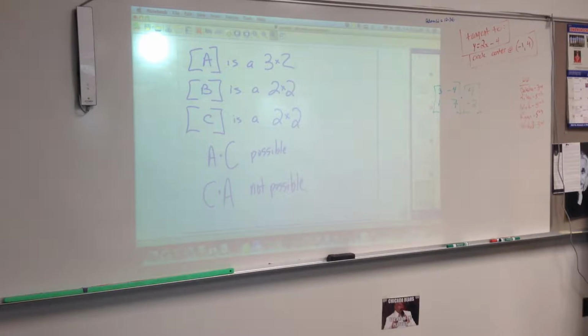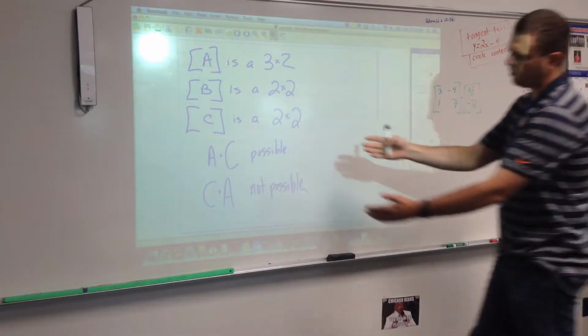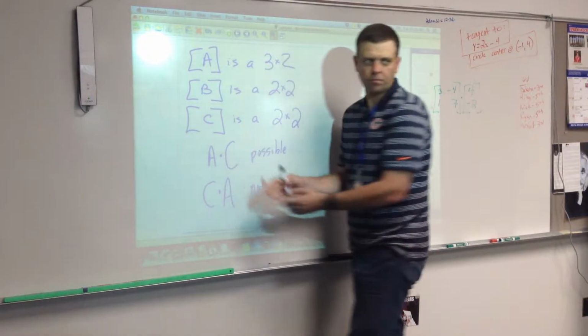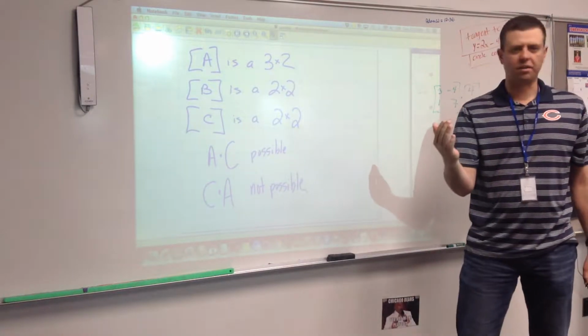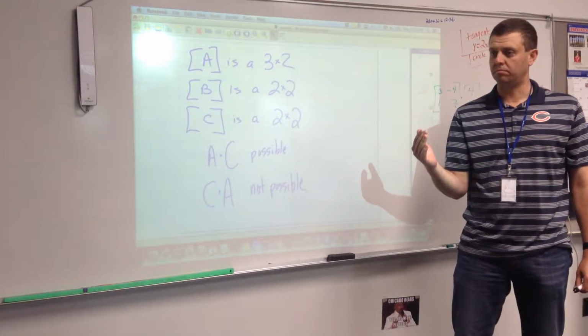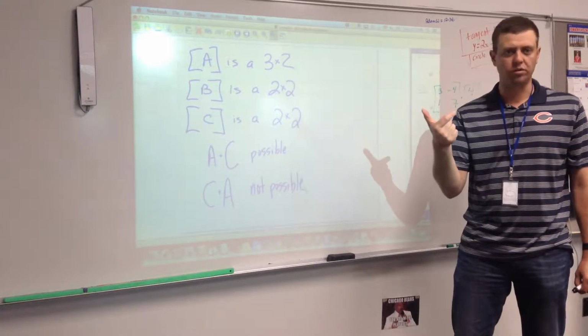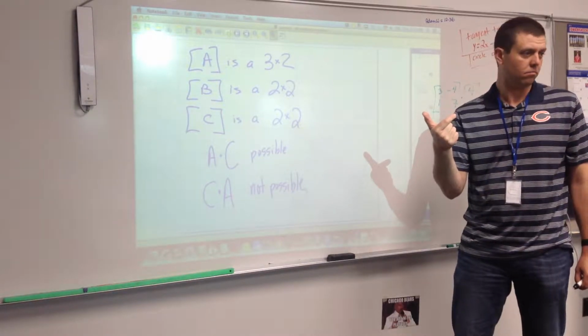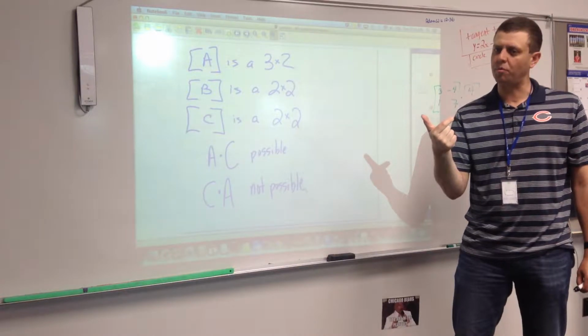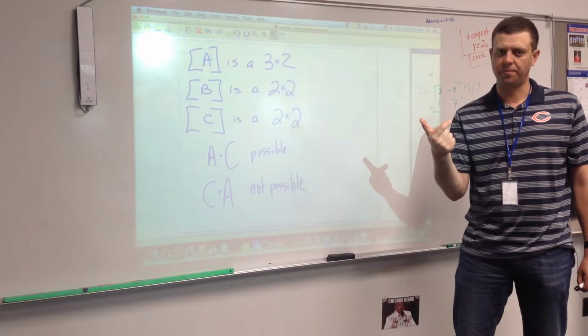So let's talk a little bit about numbers, and then I'm going to come back to matrices. Here I'm doing multiplication. When I multiply numbers together, 5 times 4, will I get the same answer if I do 4 times 5? Yes. Does anybody remember what that property is called?